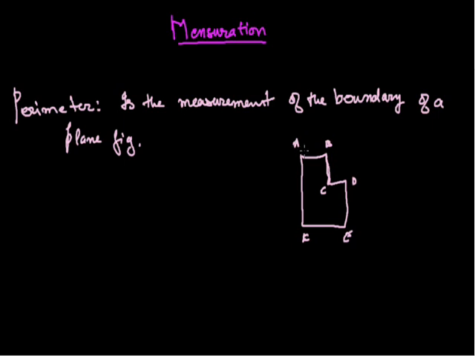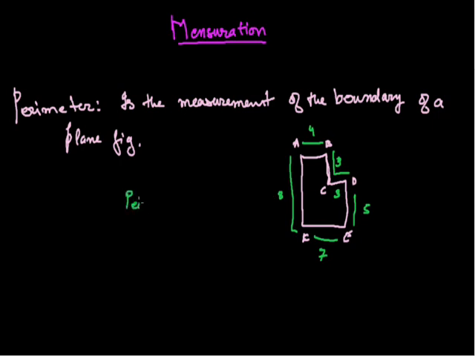I have to start from A, then continue adding the lengths of its boundaries till I come to the same end from which I have started. That is, if we are given that the length from A to B is 4 units, B to C is 3 units, C to D is again 3 units, D to E is 5 units, E to F is 7 units, F to A is 8 units, and I have to calculate its perimeter.